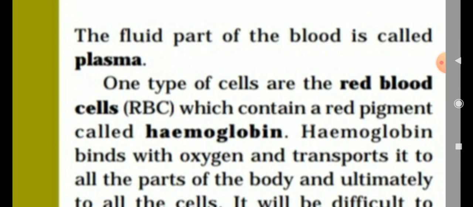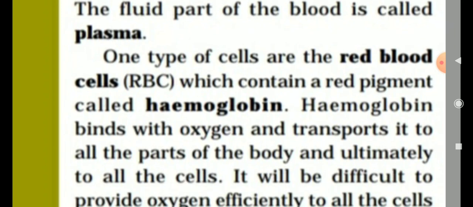Underline the word, students. It's very important, 1 mark. Red blood cells, the short form is RBC, contain which type of pigment? Hemoglobin.